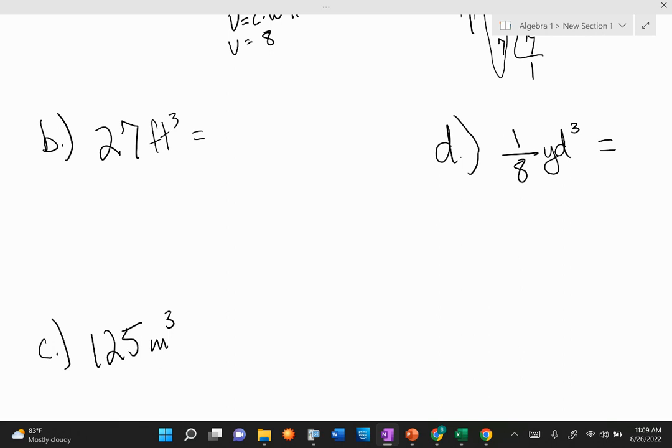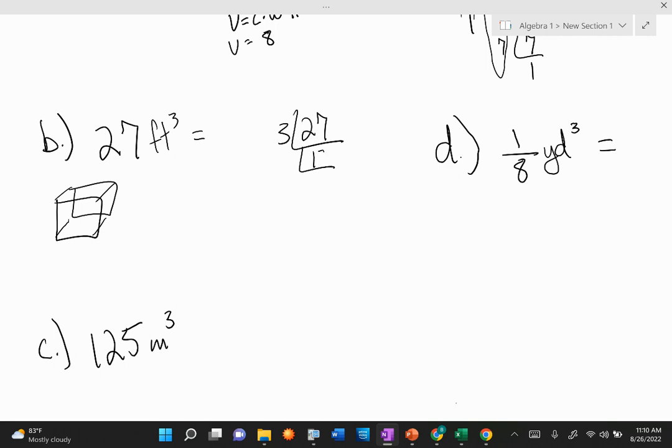All right, let me get you started in case you're having trouble. 27 feet cubed means we have a cube whose volume is 27 feet cubed. So we will do prime factorization to find the cube root. What can I divide 27 by? 3.